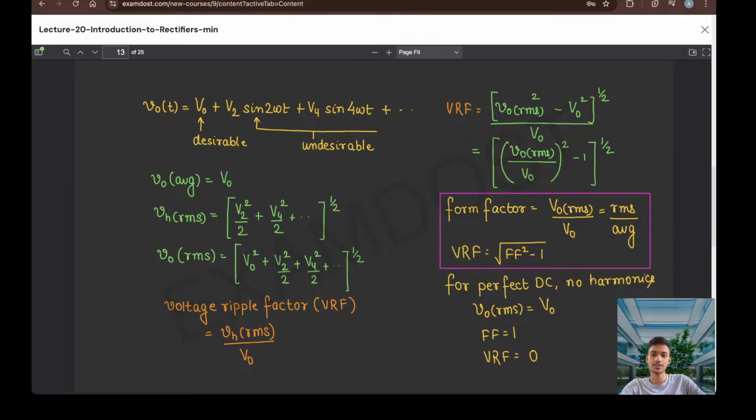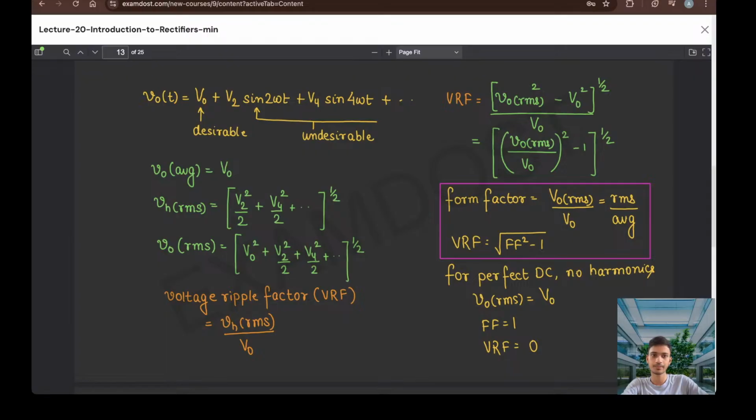VRF, the voltage ripple factor, is the harmonic content RMS divided by the average. So undesirable by desirable, we can think of it that way also. It is the square root of VORMS squared minus VO squared, divided by VO.